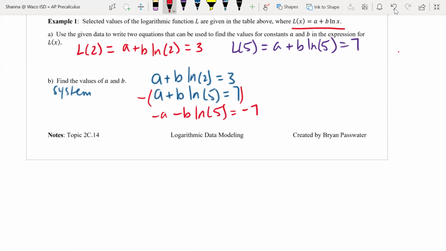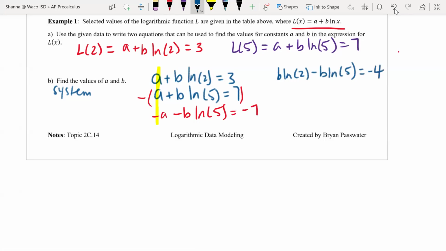Do y'all remember solving systems where you multiply by a negative so that you can cancel out? What ends up happening here is that my A's are going to do what? My A's cancel out. And we're now left with B natural log of 2 minus B natural log of 5 equals, what's 3 minus 7?